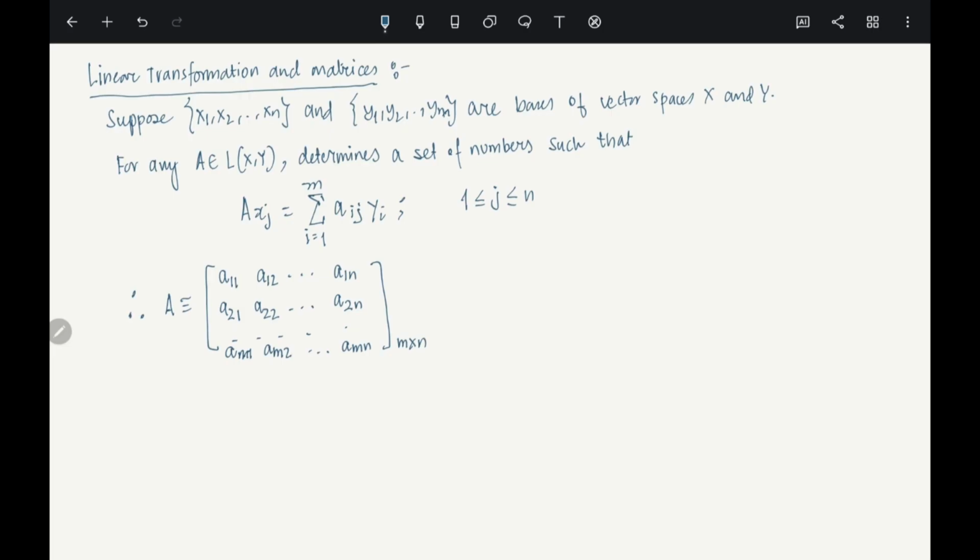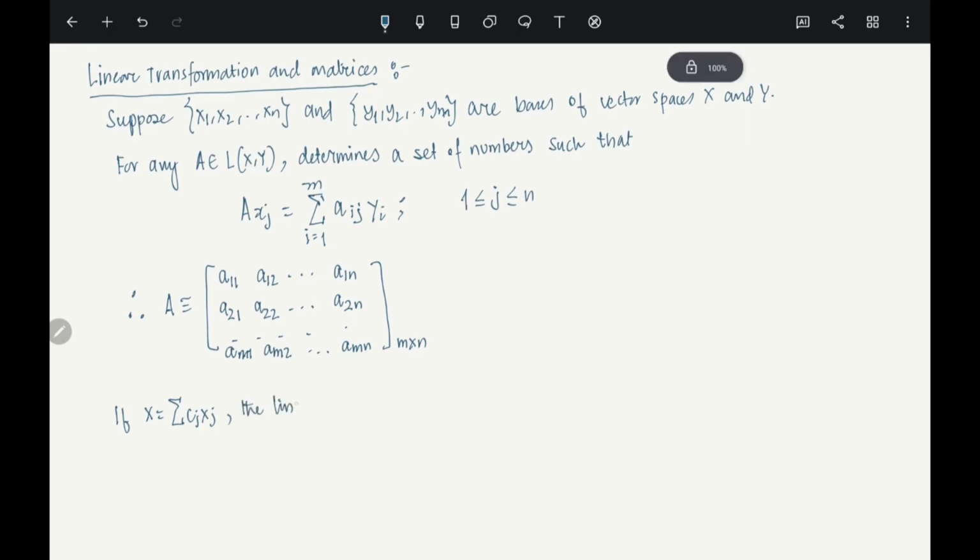Now let x in X be written as the summation of c_j x_j, because x can be written as a combination of the x_j's.